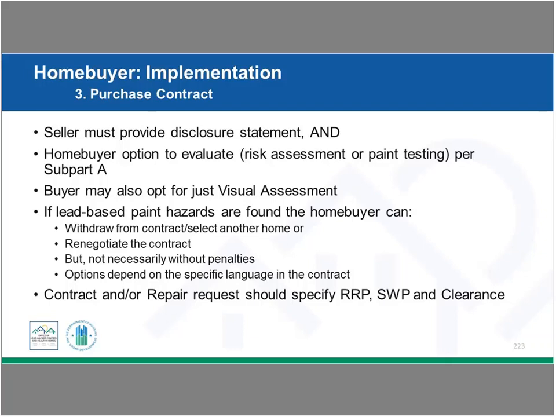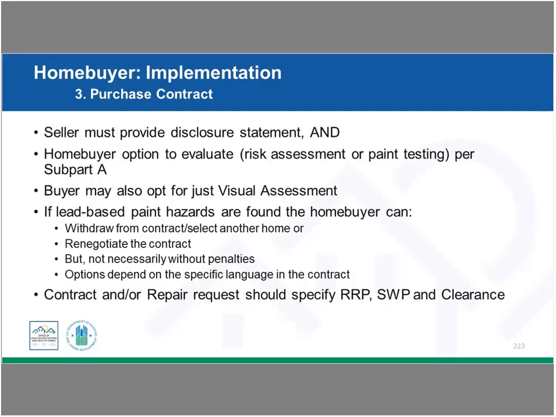The buyer could also opt for a visual assessment. Now, keep in mind that the regulation allowing a 10-day window for that testing does not, on its own, give the home buyer the option to back out of that contract if they determine that there are lead hazards in that unit.